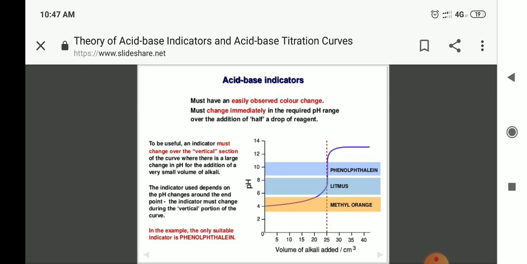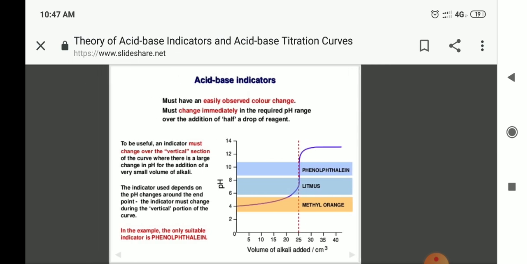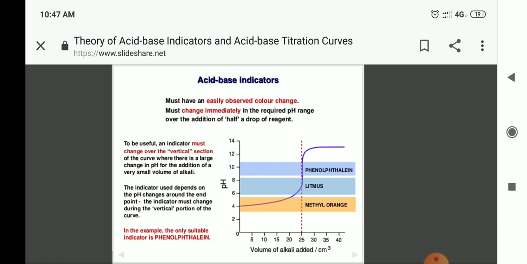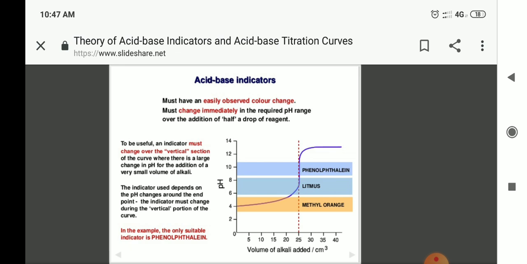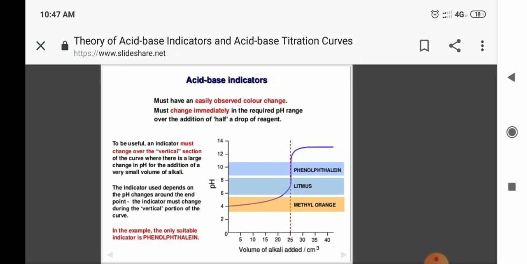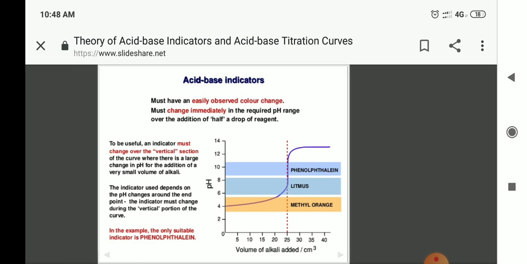Firstly, an indicator must have an easily observed color change, and must change immediately in the required pH range on the addition of half a drop of reagent. The graph shows volume of alkali added against pH, with methyl orange, litmus and phenolphthalein indicators. The indicator must change over the vertical section of the curve, where there is a large change in pH for the addition of a very small volume of alkali.